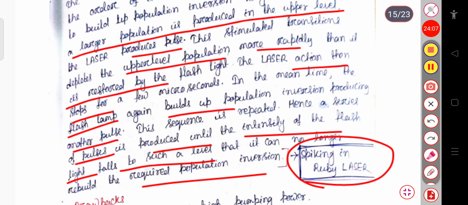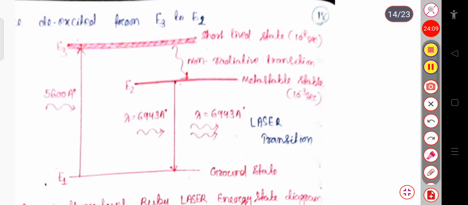Suppose all the n number of atoms are present in this state after some time interval, so no more atoms are available in the ground state. When these n atoms de-excite to the ground state, they emit the laser transition.